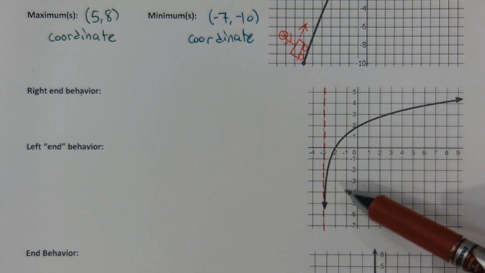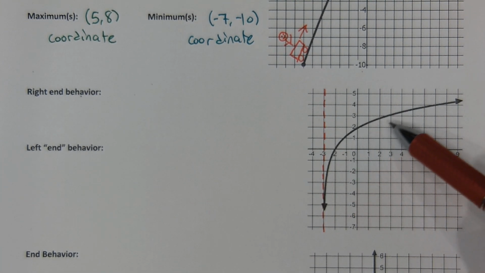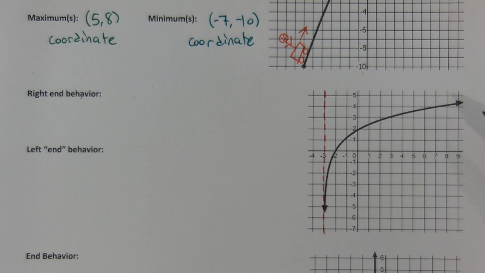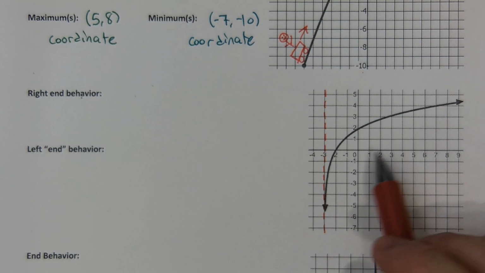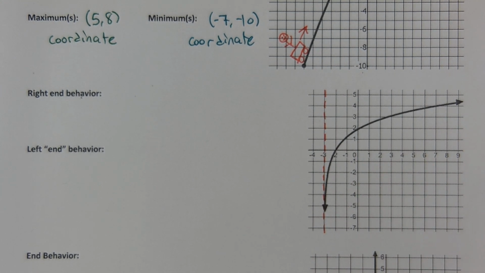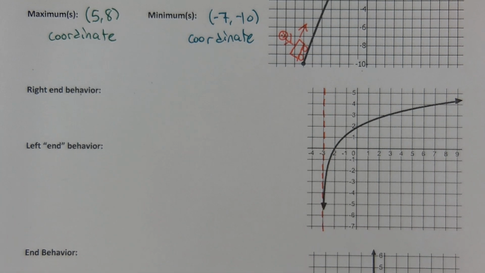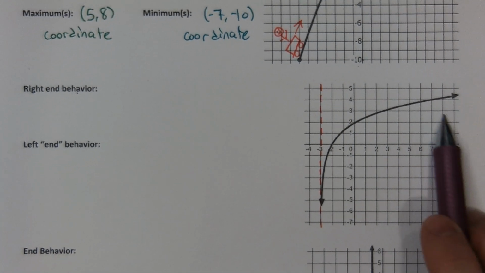Over here, is it starting to flatten out? Well, it might look like that, but remember what an arrow tells us. The arrow tells us that the behavior that we're viewing doesn't ever stop. And since this didn't obviously approach a horizontal line, we cannot assume that it's becoming horizontal. So it's just going up and to the right forever, which is going to allow me to write the end behavior of this side.